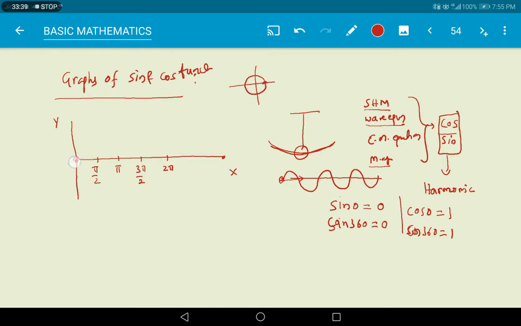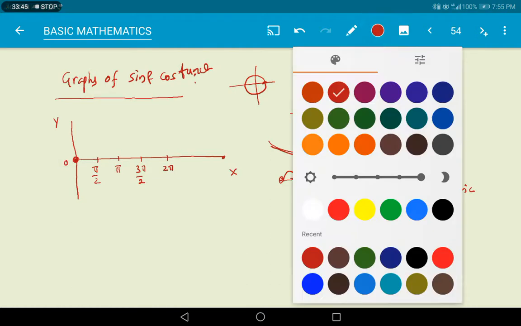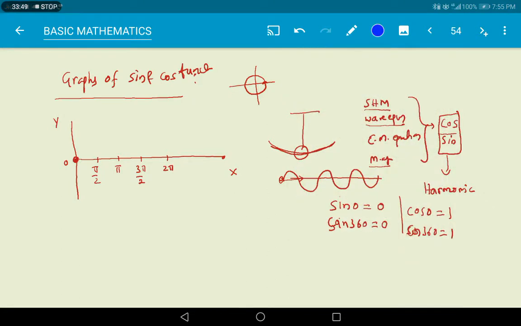Sine 0 is 0. Next, sine pi by 2 is 1. Next, sine pi is 0. Next, sine 3 pi by 2 is minus 1. If we join these, we get a graph of the sine function like this.